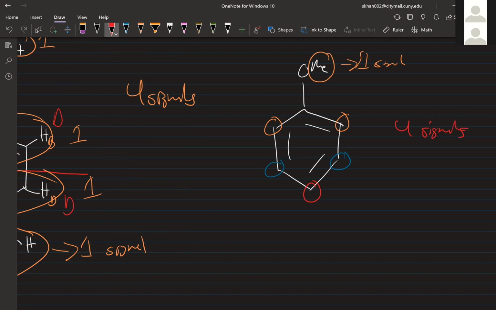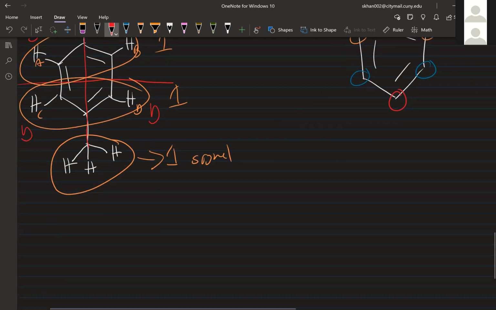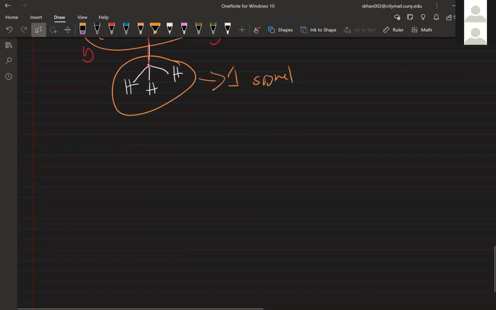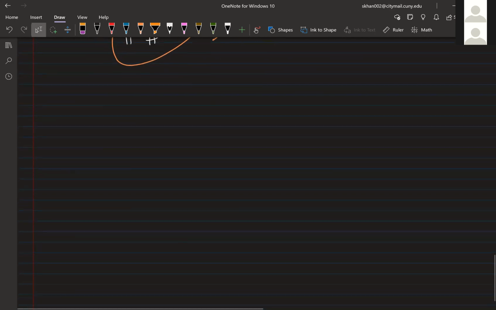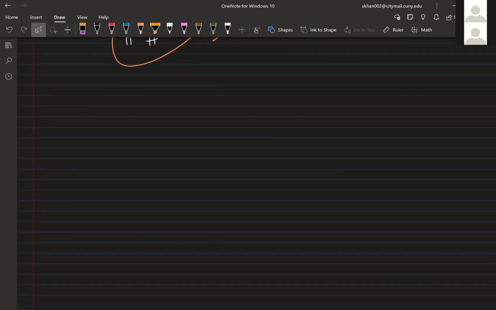So if you are confused a bit with the aromatic ones, there's a couple more in this one that does aromatics. Let's do a linear one though. I'll give you guys some time to work on this one.